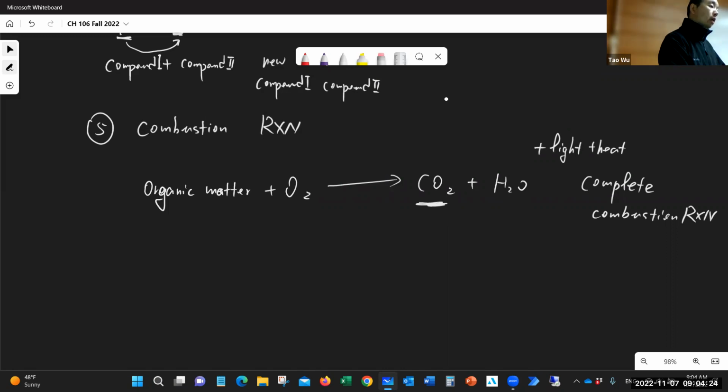So organic matter plus oxygen. The organic matter, most of the cases we talk about, is a hydrocarbon, or CxHyOz, and this kind of combination is called a carbohydrate.